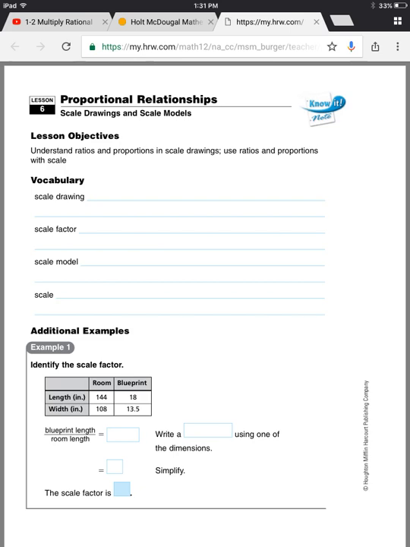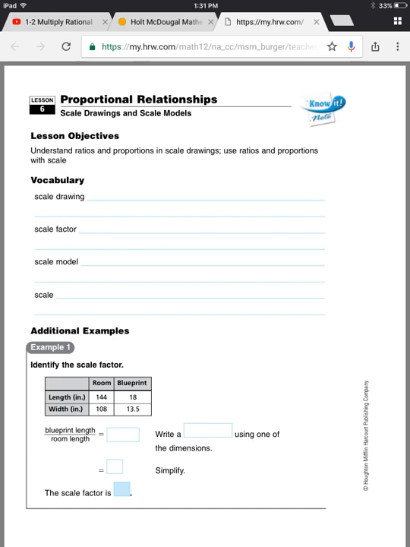So today we're going to use ratios and proportions to identify scale factors. A scale drawing is a proportional two-dimensional drawing of an object, like blueprints of a house. Scale factor is the ratio of the dimensions of a scale drawing to the dimensions of the actual object.